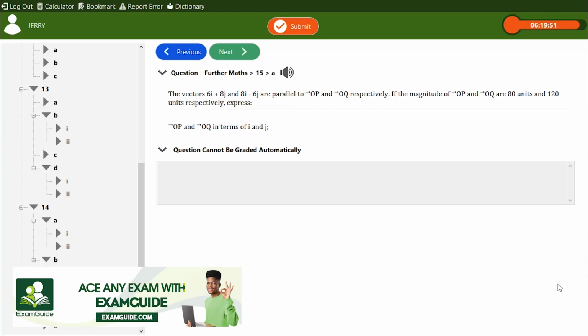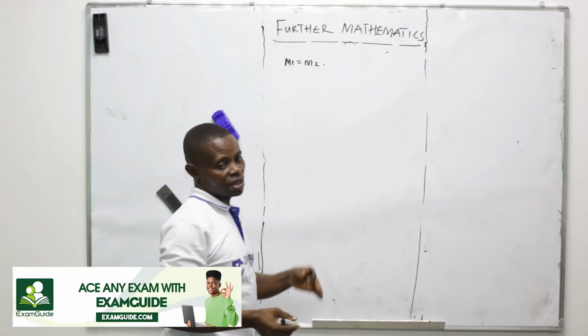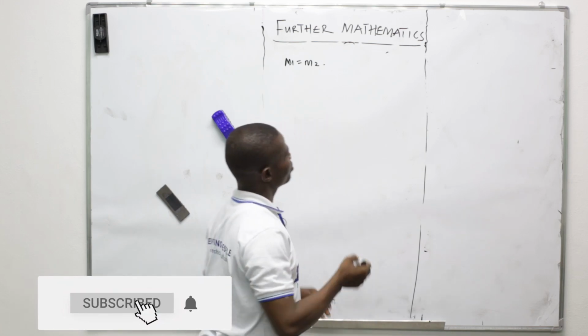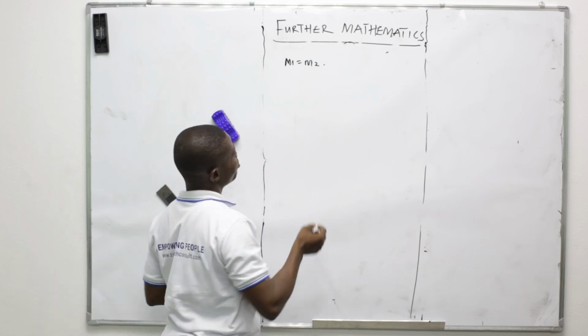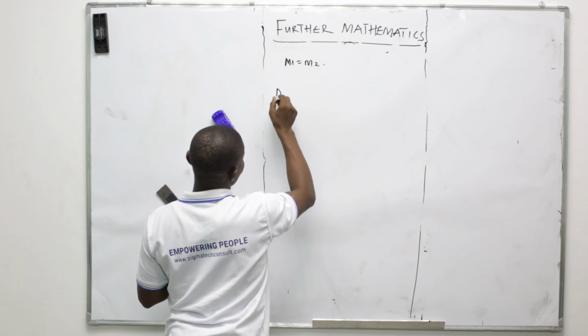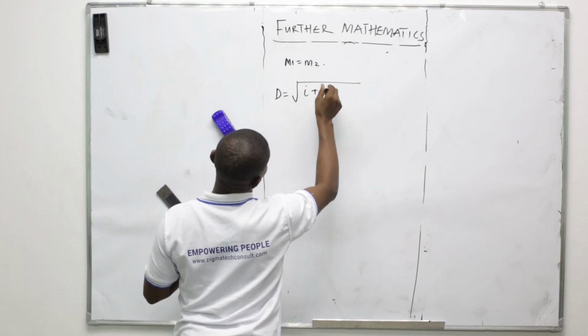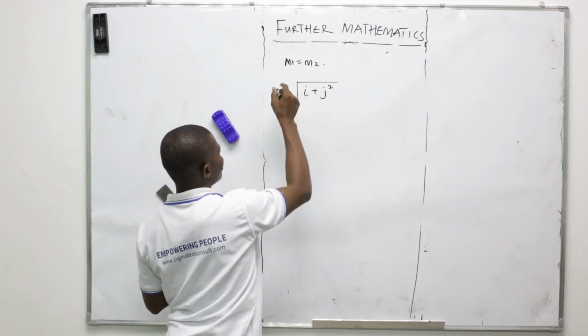Okay, this is a technical question. Let's see the set parallel, that is M1 equals M2. That is the law of parallelism. Now, magnitude is also involved, meaning we need to say distance equals i square plus j square, or magnitude.